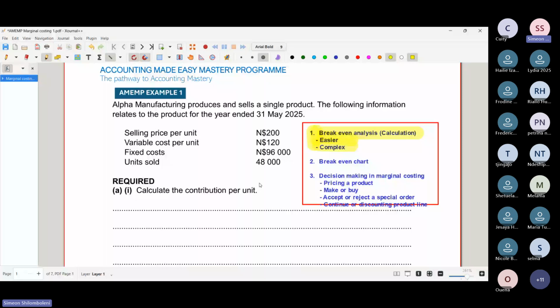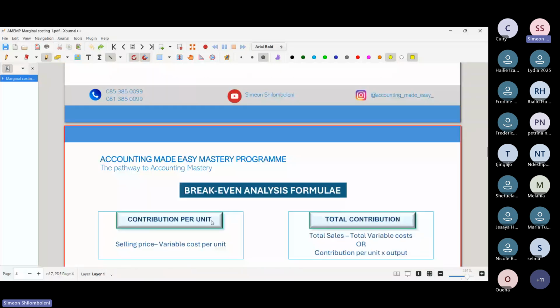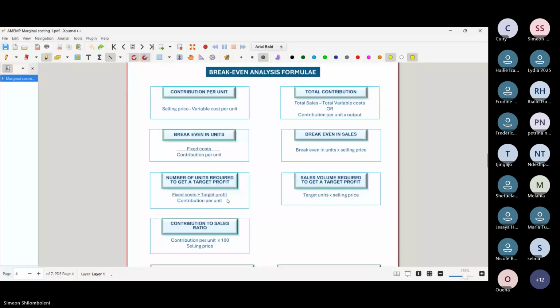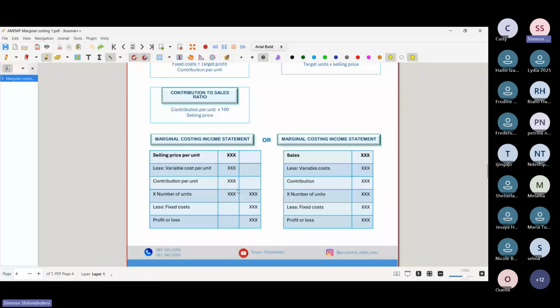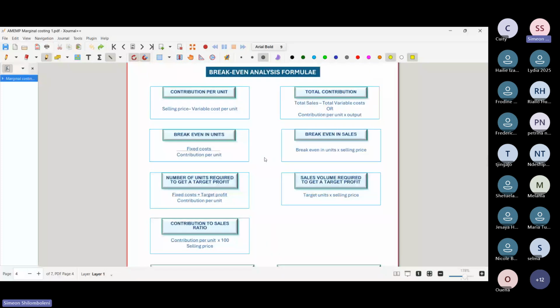Okay. Now, let's first go through the formulas before we go to the questions. We have 1, 2, 3, 4, 5, 6, 7, 8 formulas that you need to know here. 8 of them. There used to be 10, I think, but some of them are really not needed.